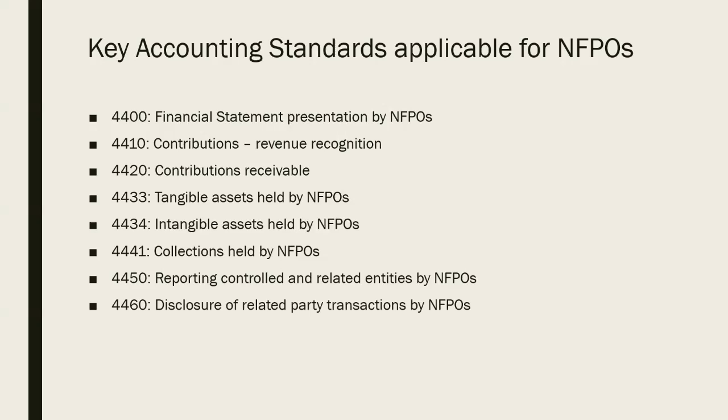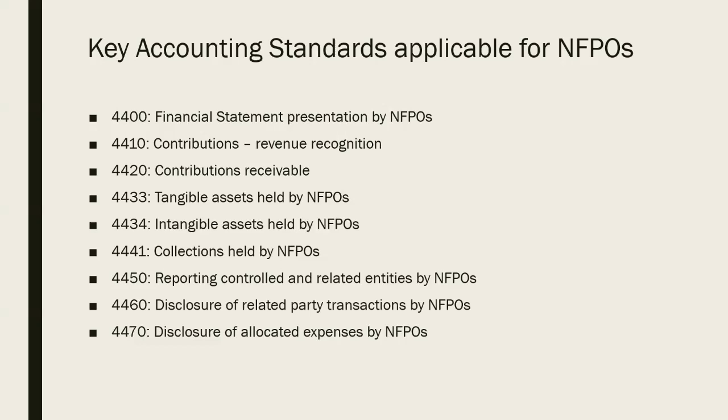Section 4460, which deals with disclosure of related party transactions required from not-for-profit organizations. And finally, Section 4470, which deals with disclosure of allocated expenses by not-for-profit organizations.